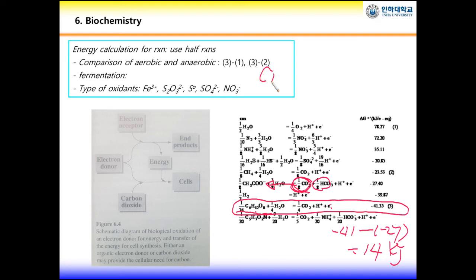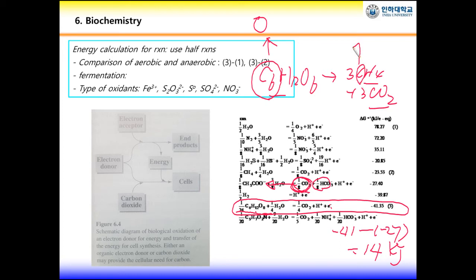If we look at the reaction, glucose fermentation into methane and carbon dioxide, the average oxidation number of the carbon is 0, right?